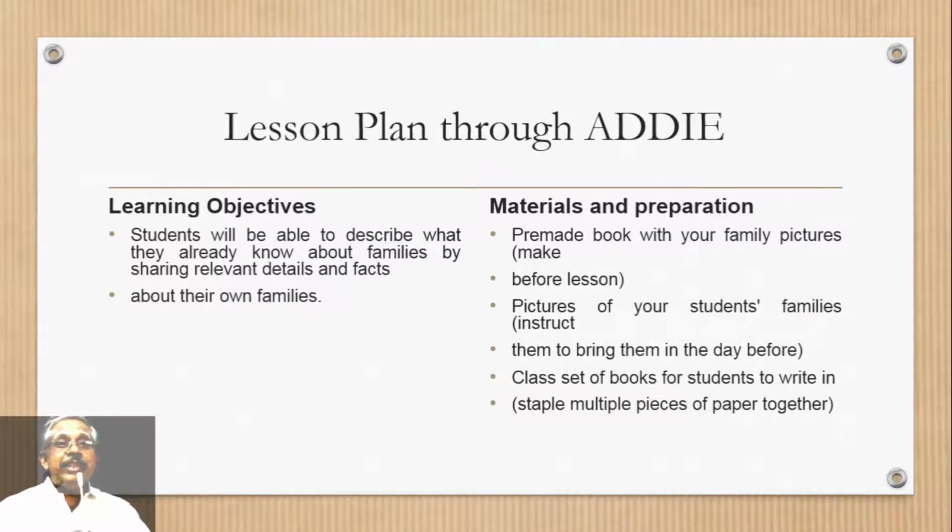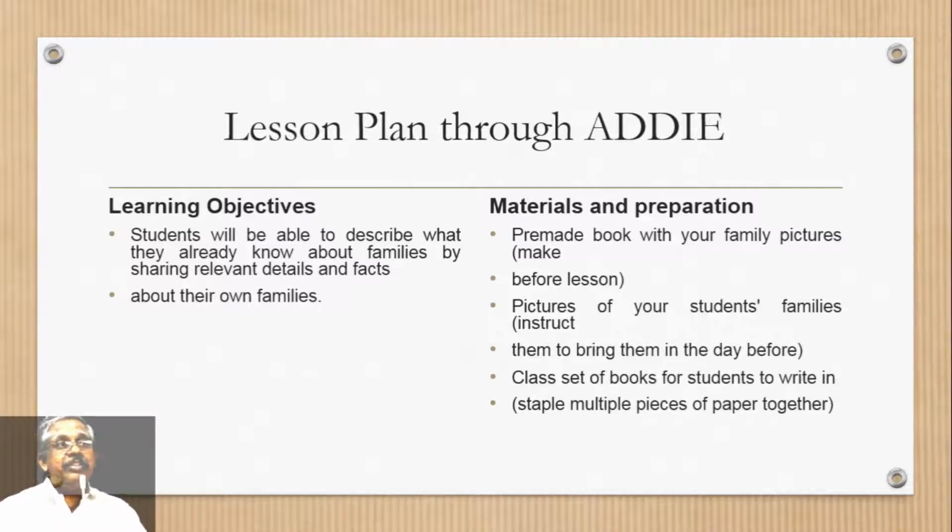Lesson plan through ADDIE. It has learning objectives first. Students will be able to describe what they already know about families by sharing relevant details and facts about their own families. If that is the learning objective, the materials and preparation for a teacher goes like this.